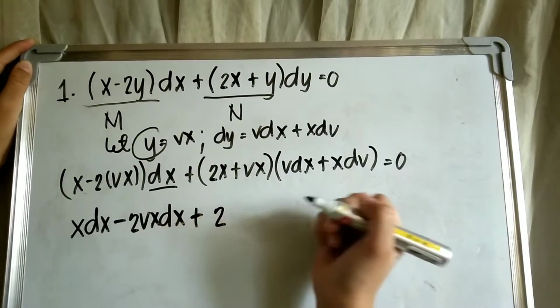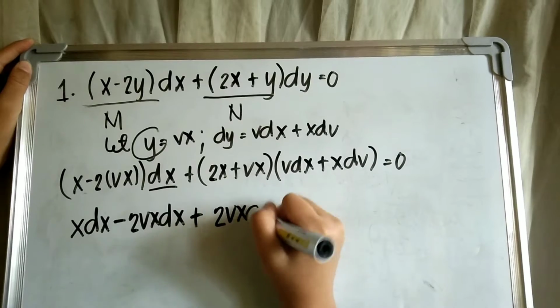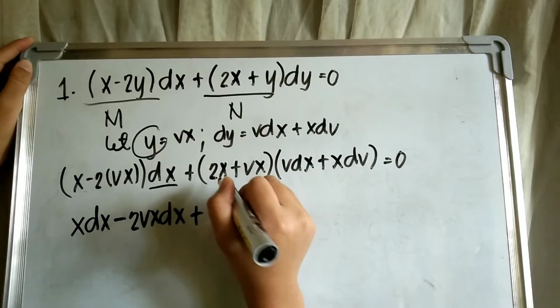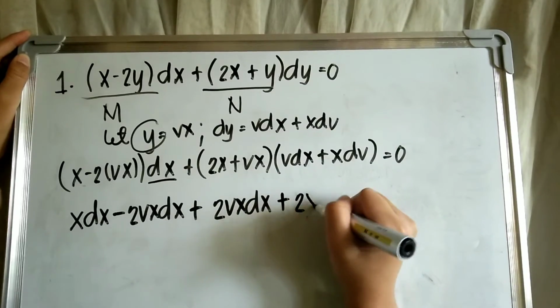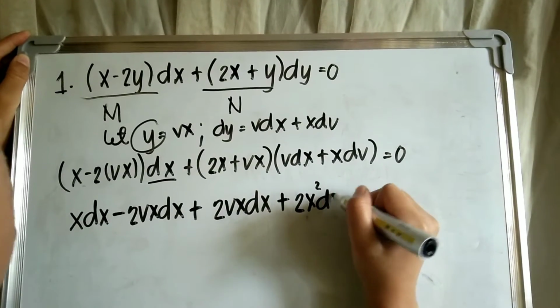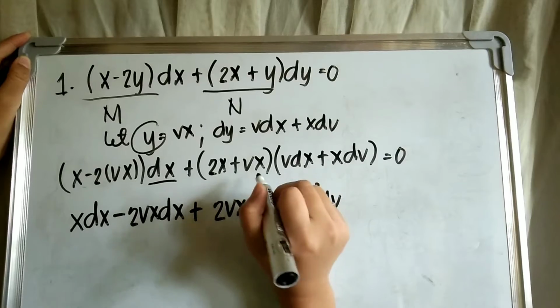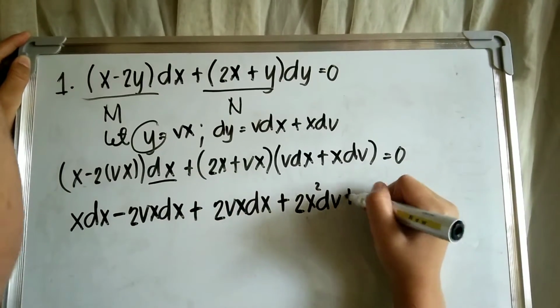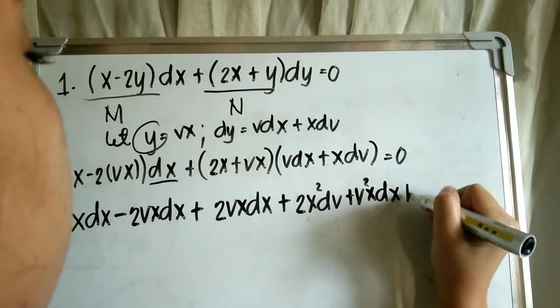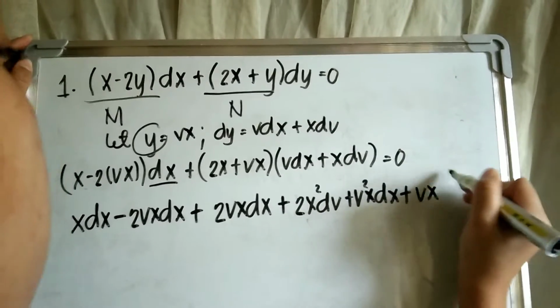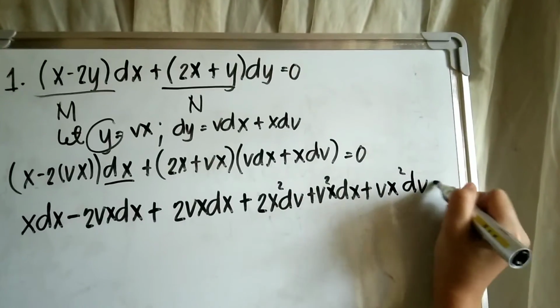So this will become 2vx dx, 2x times x dv, this will become 2x squared dv, v of x times v dx, that will become v squared x dx plus vx squared dv equals 0.